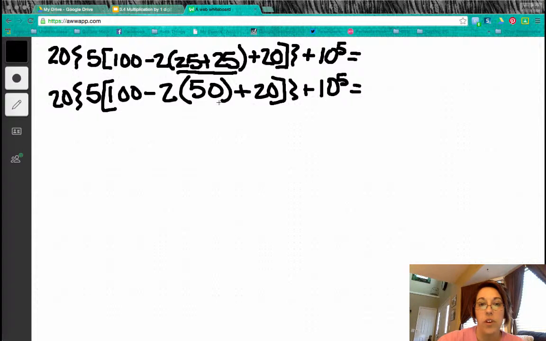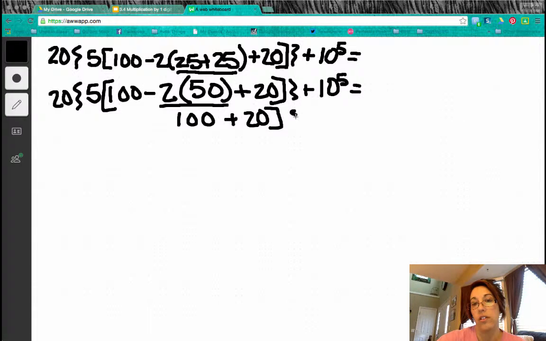Okay, so now we want to get out of our parentheses. We're going to keep working our way out to do multiplication and division from left to right. This is multiplication because there's no sign in here. So 2 times 50 is 100. We go ahead and copy everything else down.